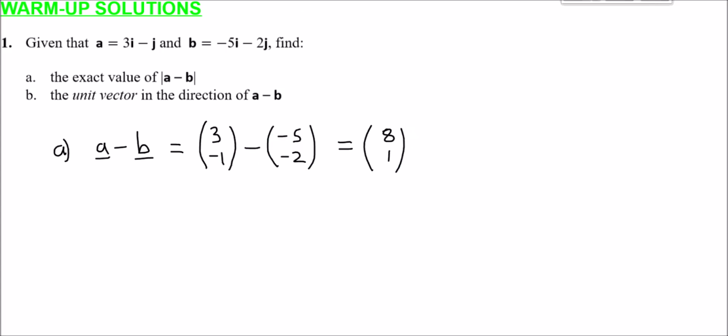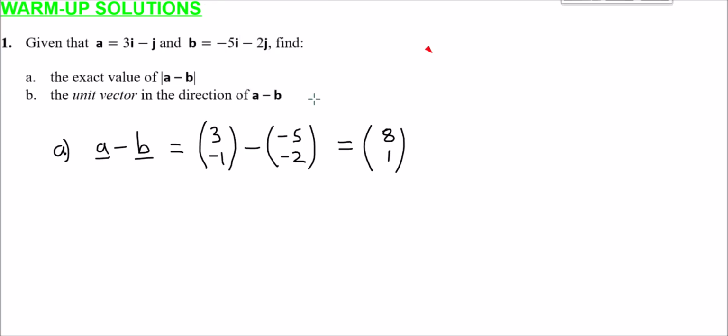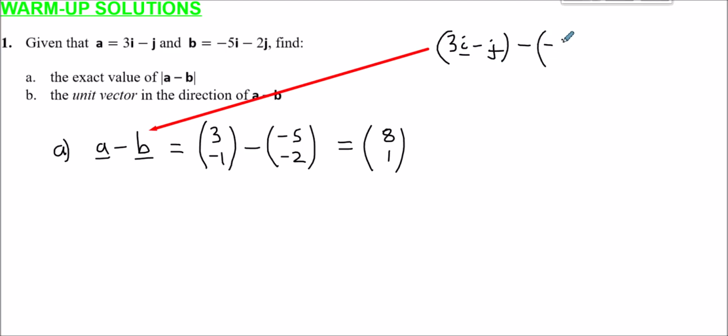So, if you wanted to do this in i and j form, I'll show you how this works now. So what we would have done, first of all, is write A in i and j form. So that's 3i minus j. We subtract from that B, which is minus 5i minus 2j.